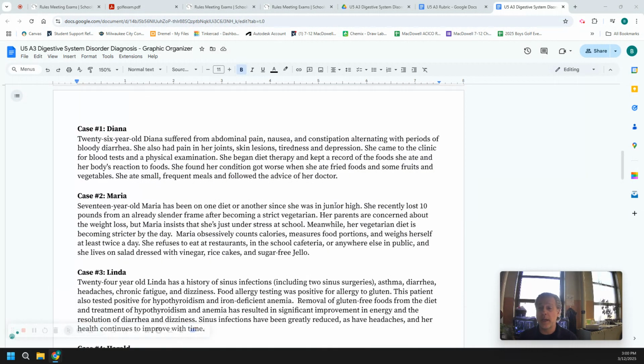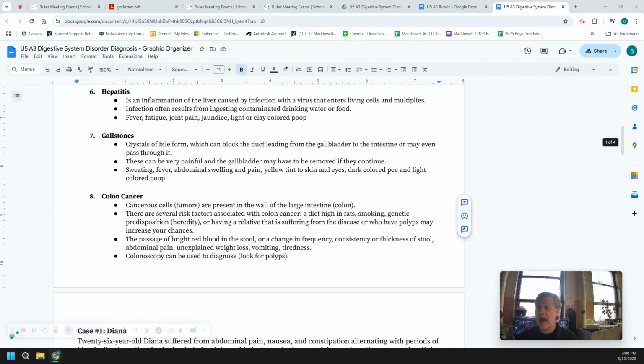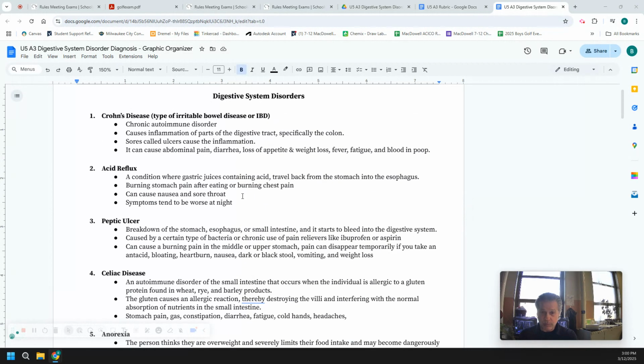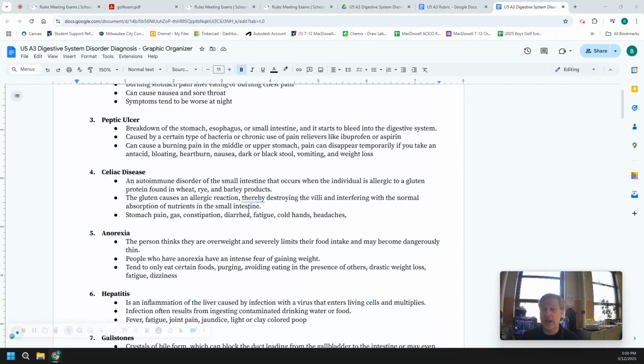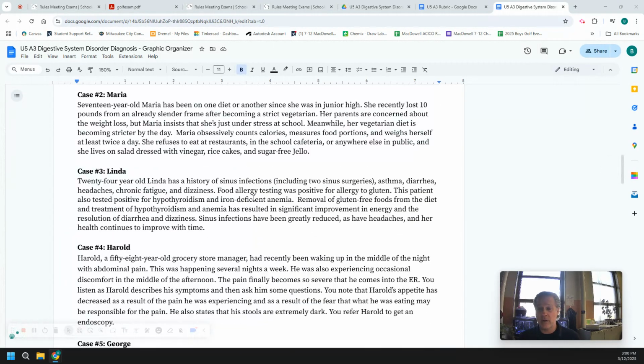These patient exam notes, and use your knowledge of the digestive system itself and the new knowledge of these different types of disorders the digestive system a person could have, and you are going to diagnose them.